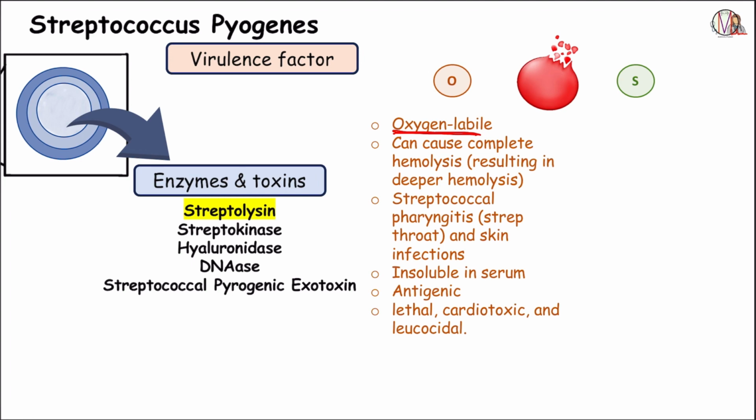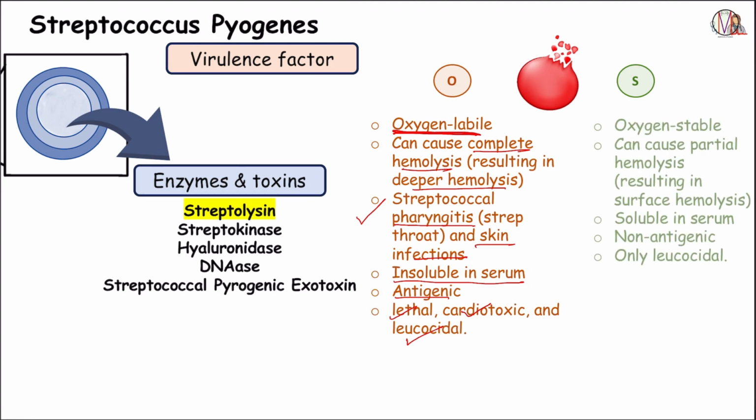It can cause complete hemolysis of red blood cells, resulting in deeper hemolysis, and is involved in the pathogenesis of diseases caused by Streptococcus pyogenes, such as streptococcal pharyngitis and skin infections. It is stable in serum and antigenic, exhibiting properties that are lethal, cardiotoxic, and leukocidal.